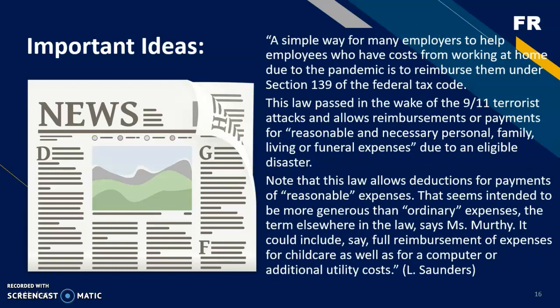A simple way for many employers to help employees with costs from working from home due to the pandemic is to reimburse them under Section 139 of the Federal Tax Code. This law, passed in the wake of the September 11th terrorist attack, allows reimbursement of payments for reasonable and necessary personal, family, living, or funeral expenses due to an eligible disaster.